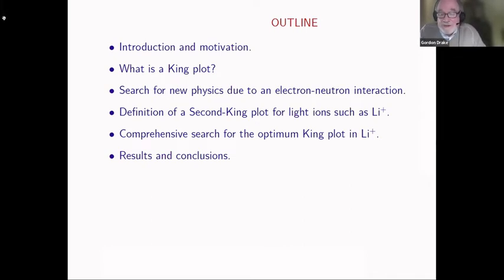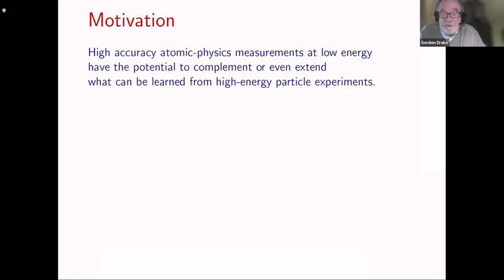Searches for new physics due to an electron-neutron interaction will be the motivation, looking for evidence of physics beyond the standard model. Then the definition of a second King plot, a comprehensive search for the optimum King plot in lithium plus, and finally results and conclusions.